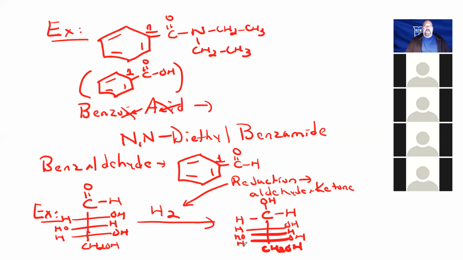So I'm not as objectionable to using hydrogen here for the reduction of the C double bond O group in an aldose or a ketose. We'll just let it be. But what you have to recall is that this reduction and how to draw the product is exactly the same as what we talked about for aldehydes and ketones and their reduction. So keep that in mind as well.